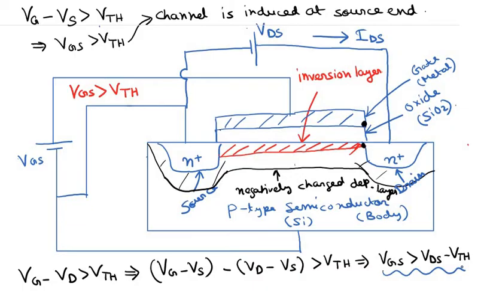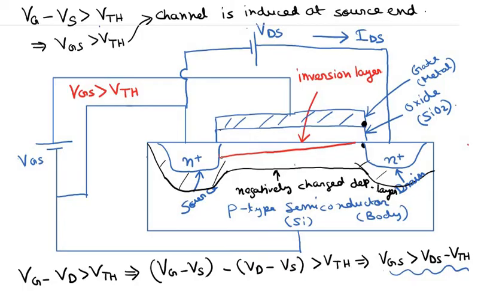If we keep on increasing VDS, because we have kept VGS constant, then one point of time would come when VDS would increase so much that this condition is not valid anymore. Under such a condition, the channel near the drain end vanishes like this.